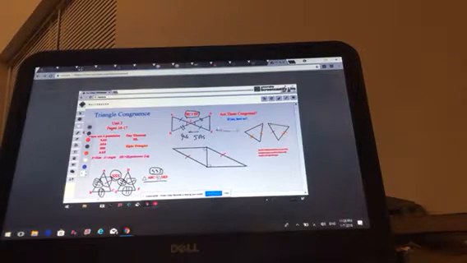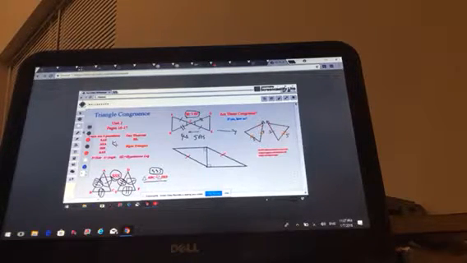Let's take a look at the one to the right. We have 2 triangles right here. All the information is provided for us, so now we just have to identify it. We have angle, angle. This side is congruent to this side, and this side is congruent to this side. Now let's look over to the left at the 4 postulates that we have.